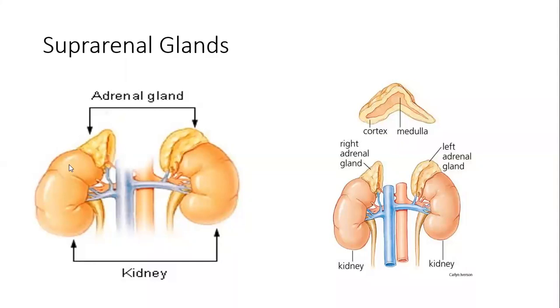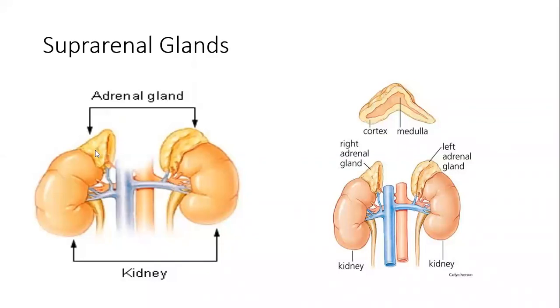The right suprarenal gland covers the upper pole of the right kidney, whereas the left suprarenal gland extends along the medial border of the left kidney from the upper pole so that it almost reaches the hilum of the kidney.